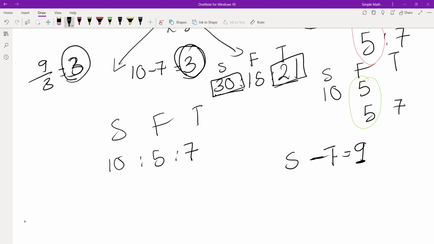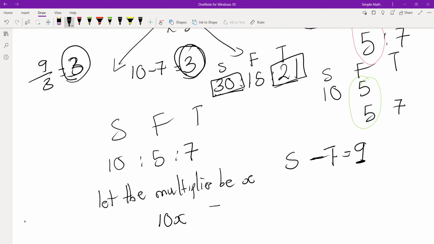We don't know the exact amount of oranges they have. So we can now bring in a multiplier, let the multiplier be X. So it means that Stan has 10X oranges and Tony has 7X oranges. If we multiply the ratios by X, it will give us the exact amount.